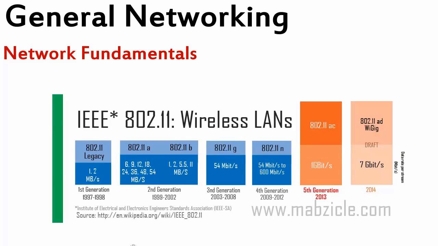We will have a dedicated video on wireless and how to troubleshoot wireless. Here is just a picture to show you wireless standards. It is all described in a standard, 802.11. And then you have A, B, G. The latest one is AC, which will allow you to achieve gigabit speeds in theory.